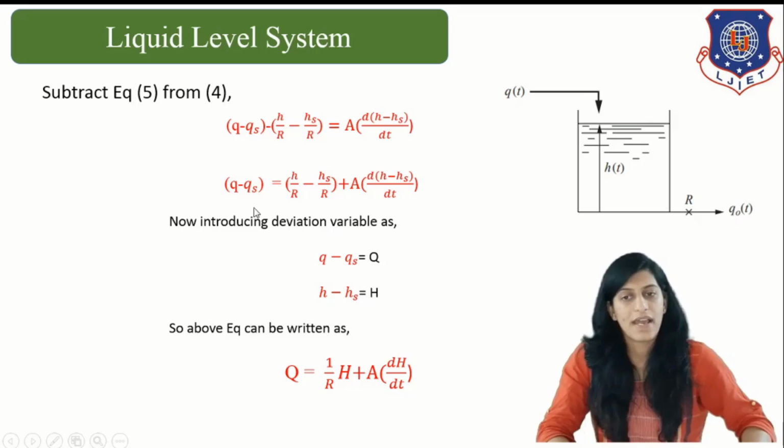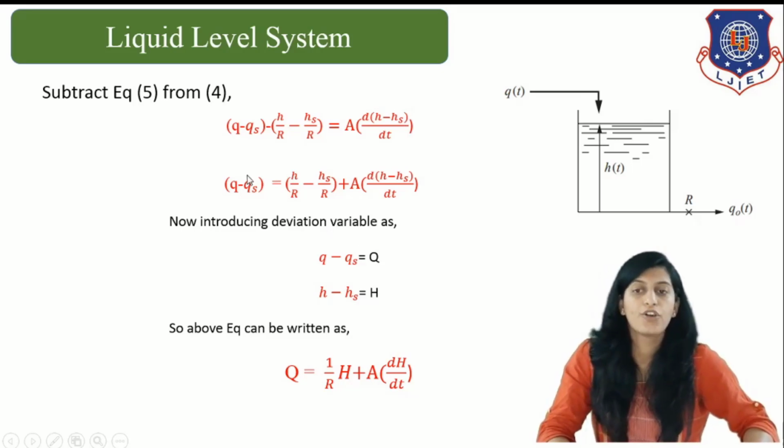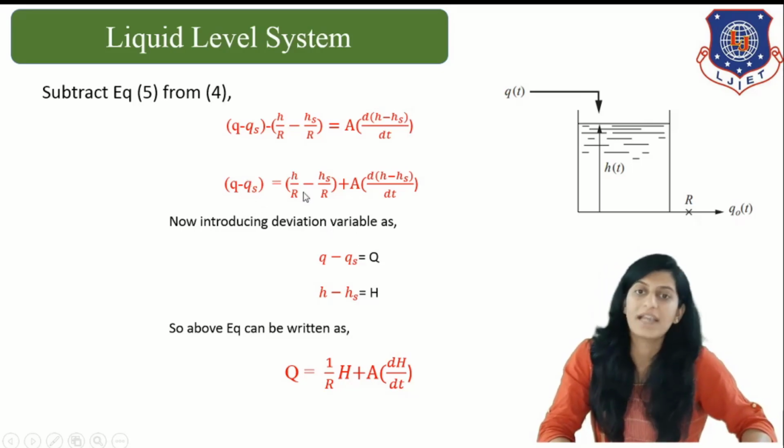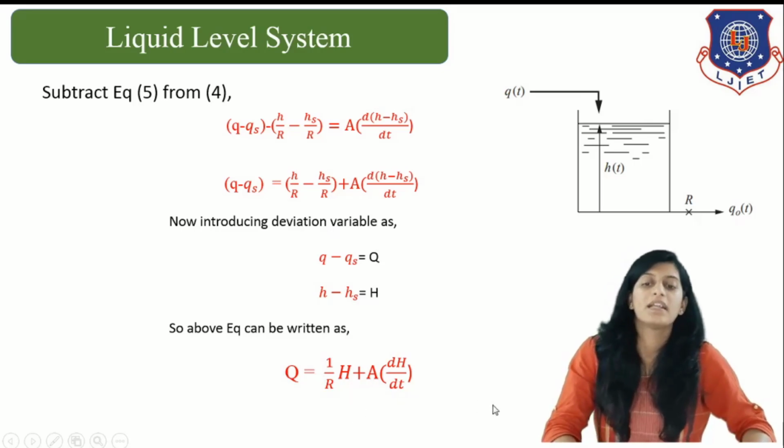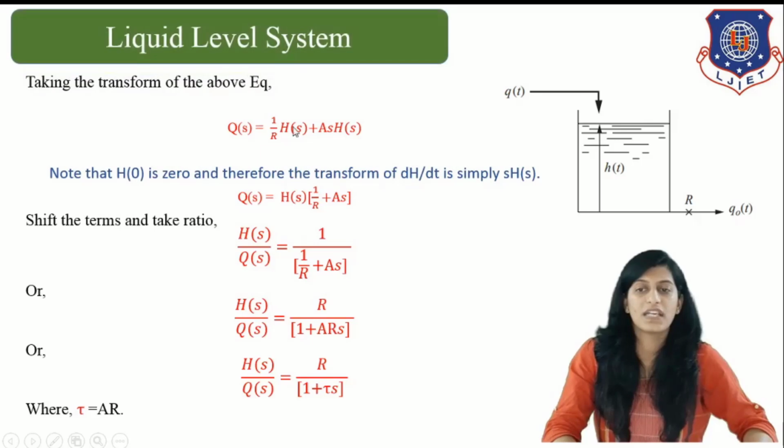Introducing deviation variables, instead of writing q minus qs, we can simply write capital Q. Instead of writing h minus hs, we can write capital H, right. So Q equals 1 by R H plus A dH by dt. Now take the Laplace transform of the given equation and rearrange the terms.